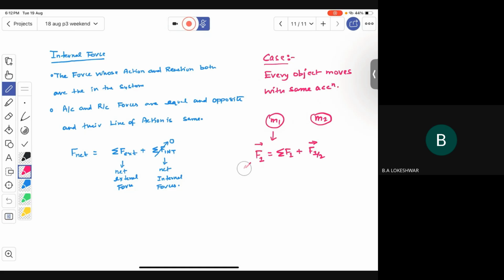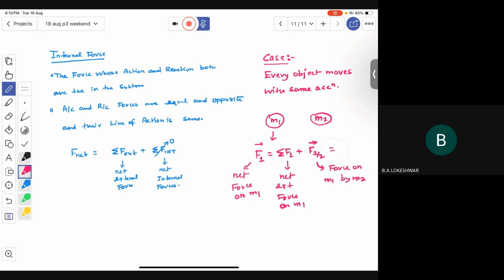So this is the net force on M1, this is the net external force on M1, and this is the force on M1 by M2.